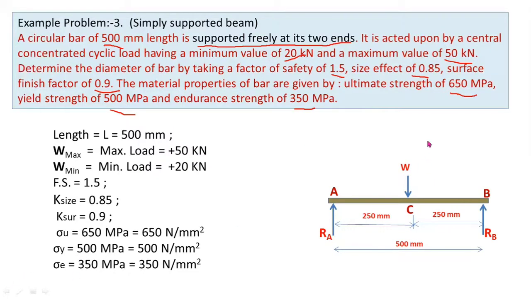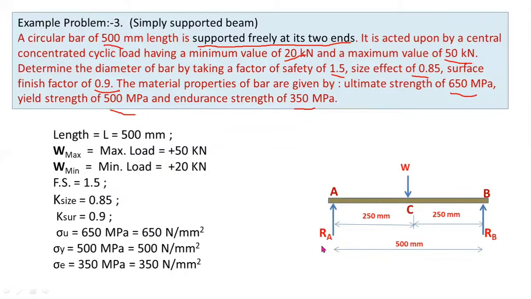The load is acting at mid span. That means the distance between the center point C and A is equal to C and B. The length of AC equal to length of CB, that is 250 mm. RA and RB are the reaction forces.